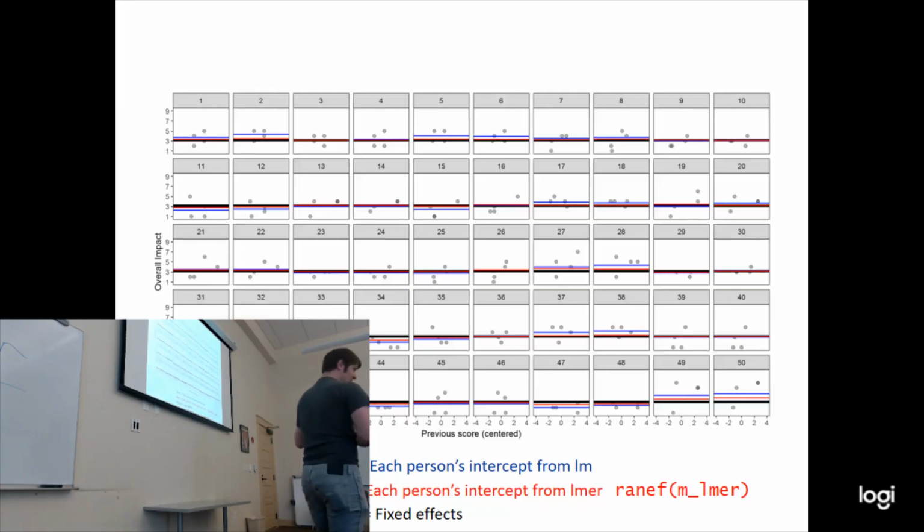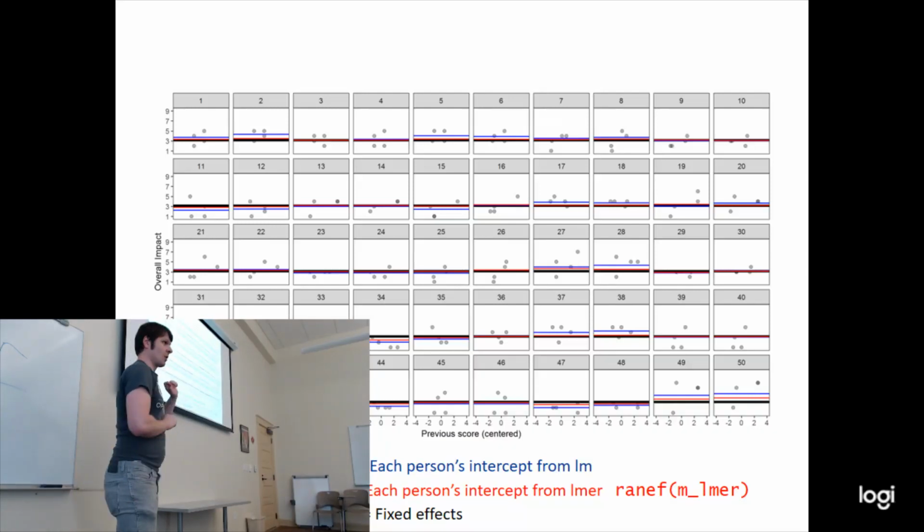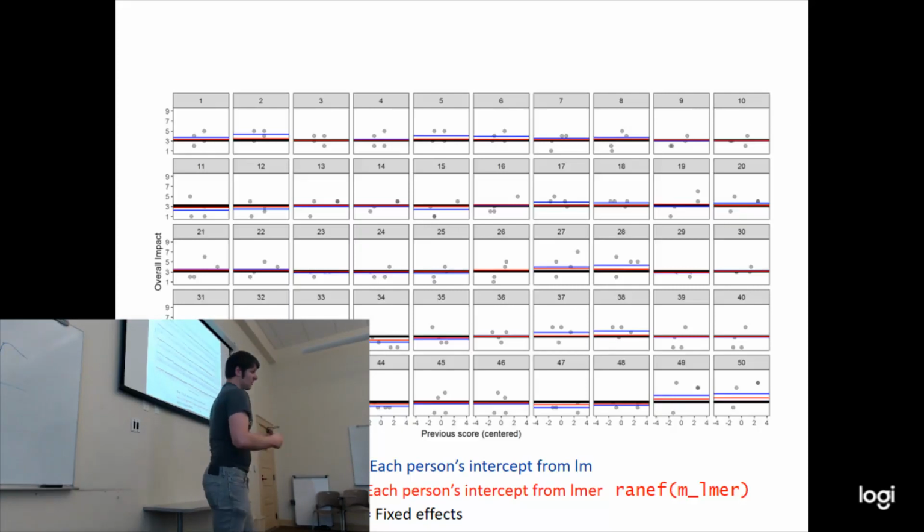It is always the case on this graph that the red lines, the things that we get from lmer, are closer to the black lines, the fixed effects, than the things that we get from lm. It's as if our estimates for each reviewer were shrunk towards the black line.